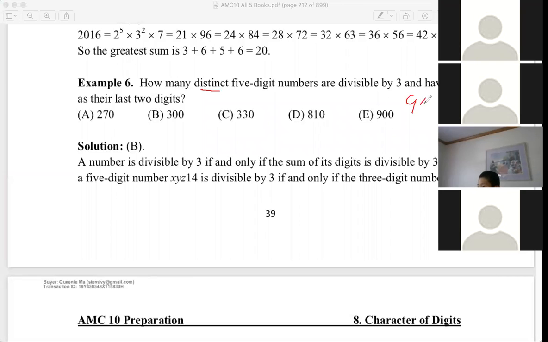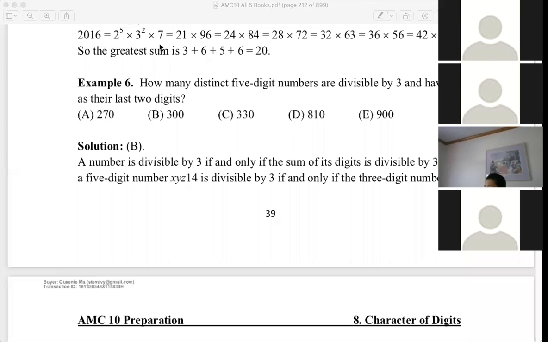This one still has 10 choices. This one 10 choices. But you can think about this later, okay? I just ask you this question. You can think about this later.